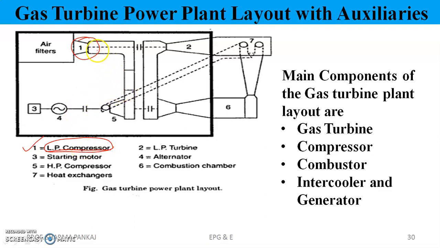Then move from point 1 to point 2, that is your low pressure turbine. From point 2 to point 3, point number 3 is your starting motor.